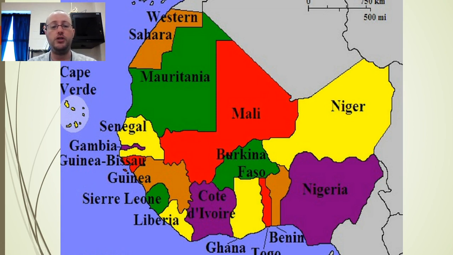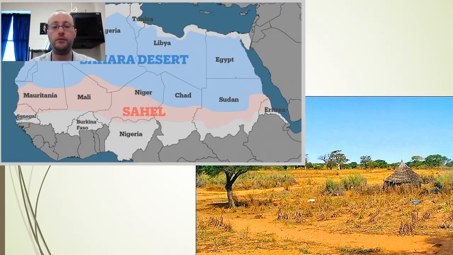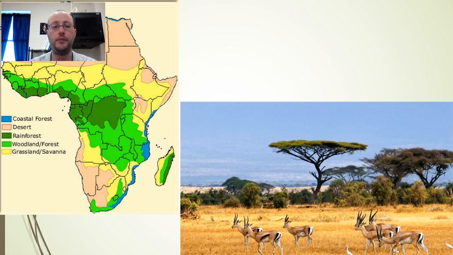So these are the different countries that make up Western Africa. You see here, this is the Saharan Desert. This is the Sahel right here, and that gives you an idea of what it looks like. Also, here's a picture of some animals.